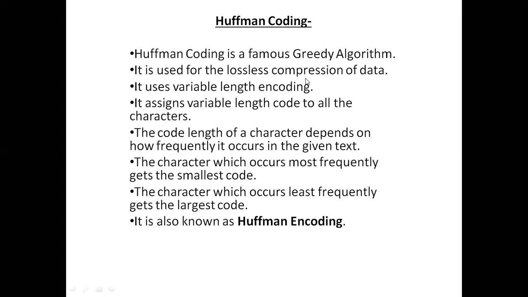That depends on this algorithm known as Huffman coding. The process of deciding how many bits to represent alphabet A and alphabet B with will be decided by this Huffman coding. Is it clear? So the first thing is that Huffman coding is a greedy algorithm. It is used for compression of data. I have explained what the meaning of compression of data is.